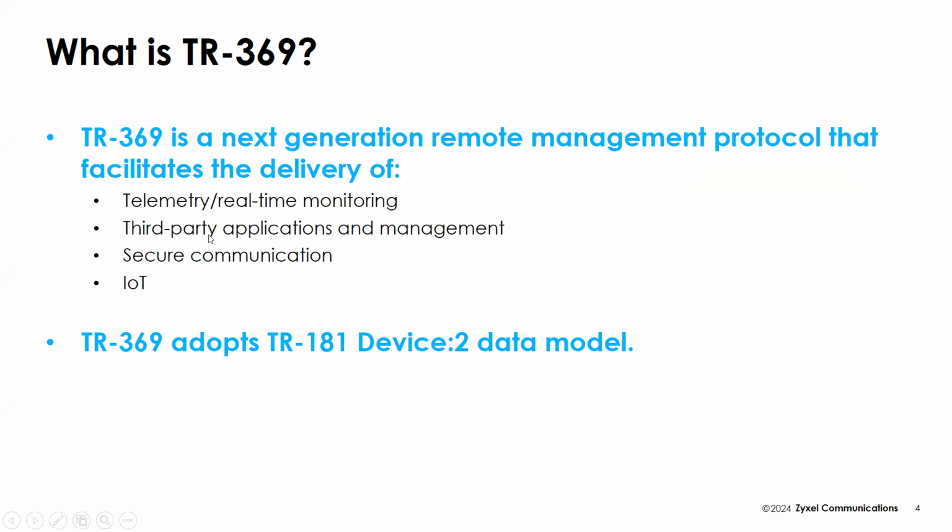For example, the possibility of telemetry and real-time monitoring, and also allowing management and control of third-party applications as well. The third one is about security mechanisms, as the security in message communication needs to be enhanced. And the last one is adopting the protocol for Internet of Things products.